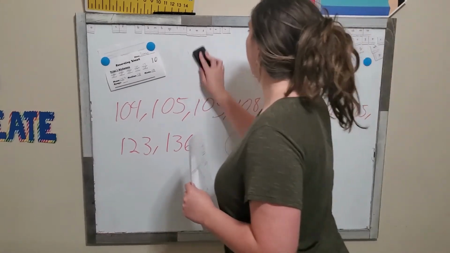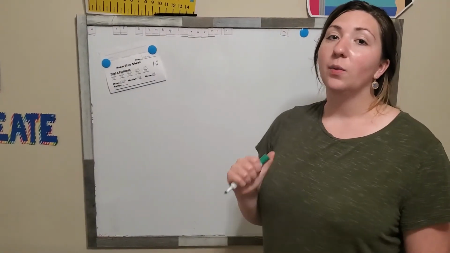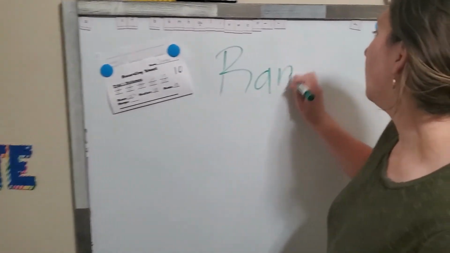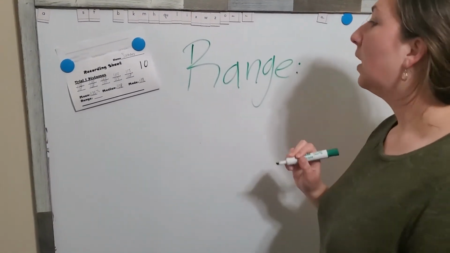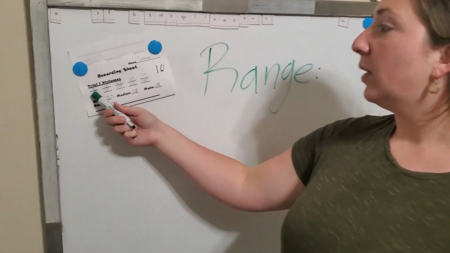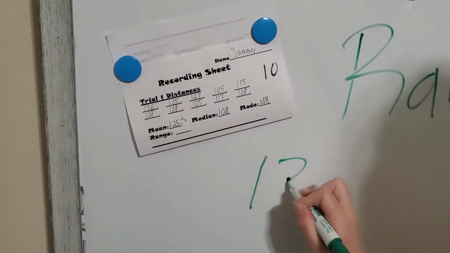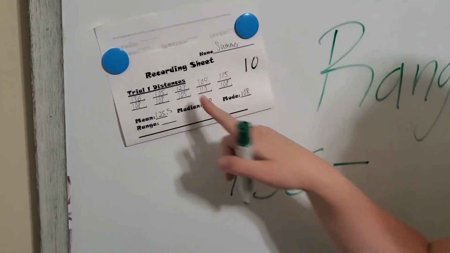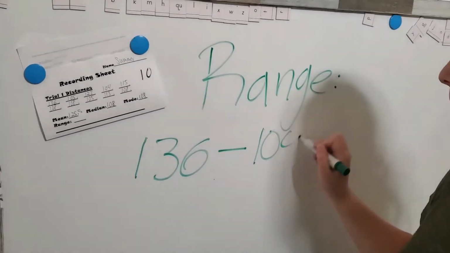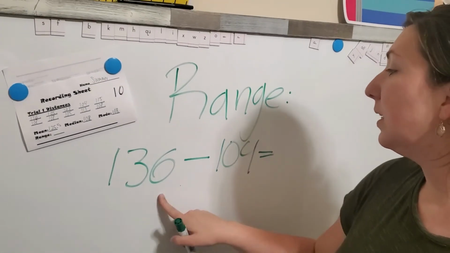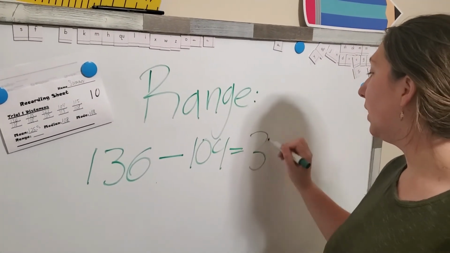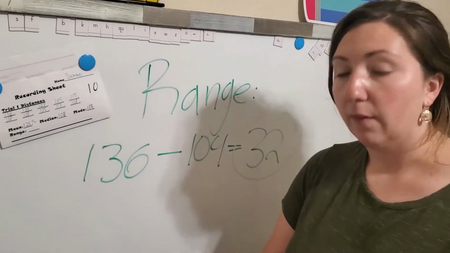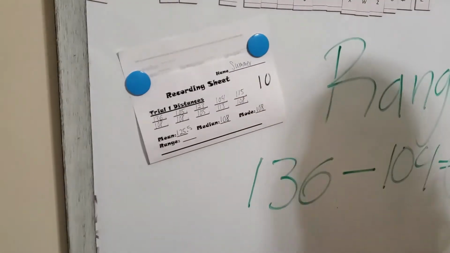Okay, class, now we're going to find the range of our data set. So if you remember, the range is the largest number in a data set, which is 136, minus the smallest number in the data set, which is 104. 136 minus 104 is 32. 32 is the range of our data set from our soaring balloons.